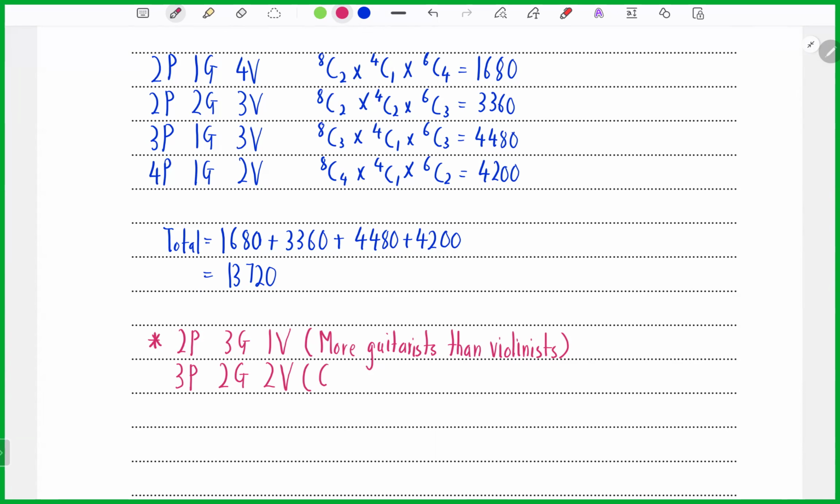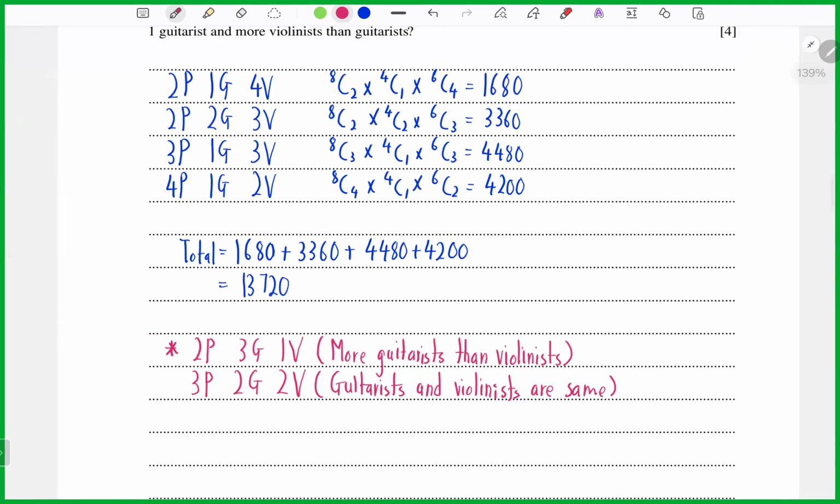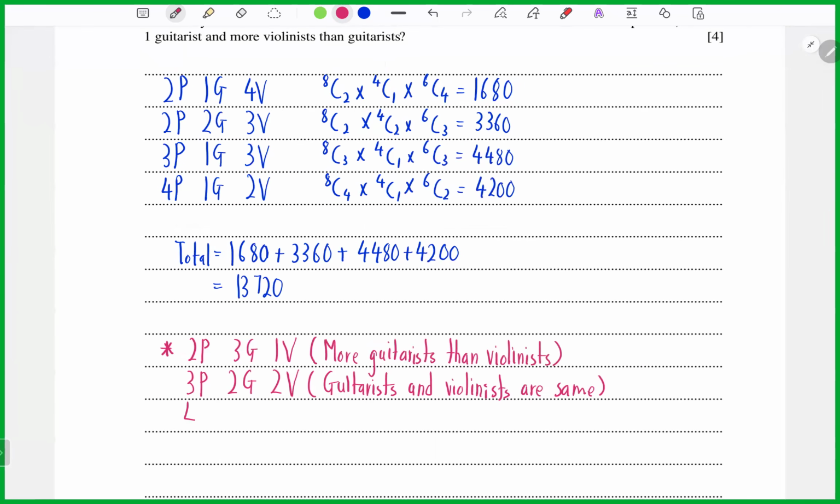Why? Because guitarists and violinists are the same. And then for the last, they cannot take 2G 1V.